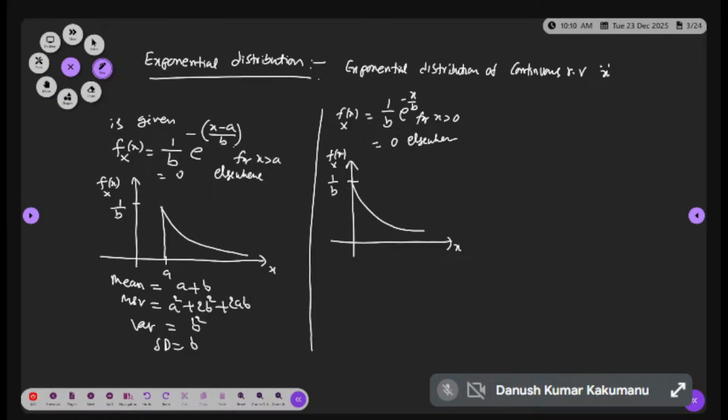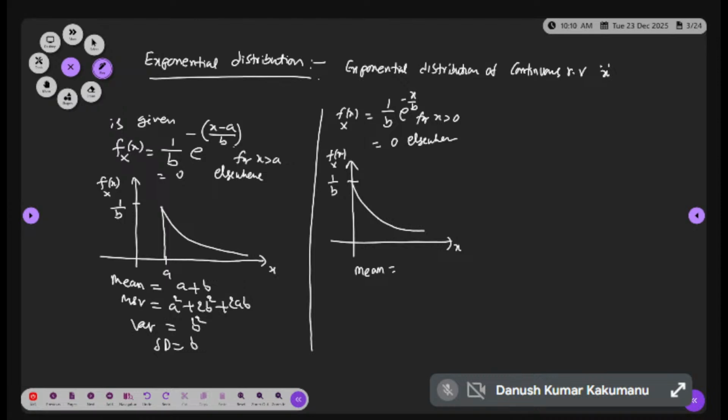What is the difference between the first one and this one? In the first one we are substituting a equal to 0. All of you understanding? Now tell me what is the mean of this? This formula you know very well.